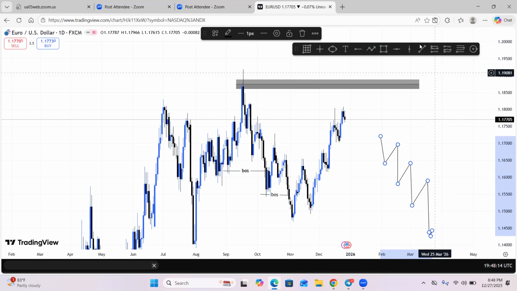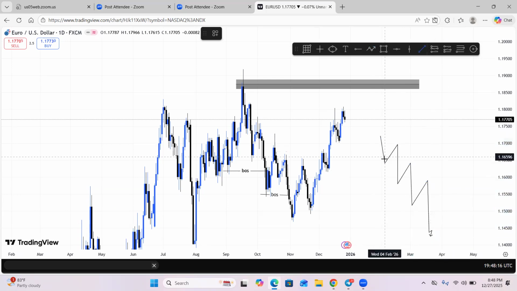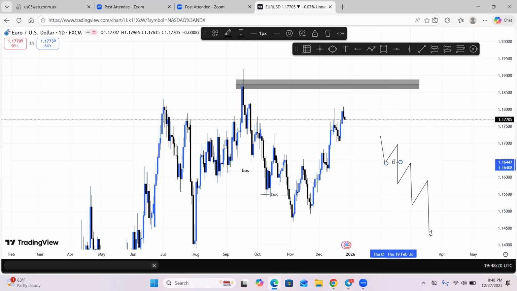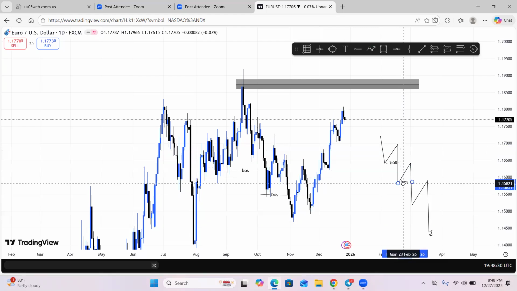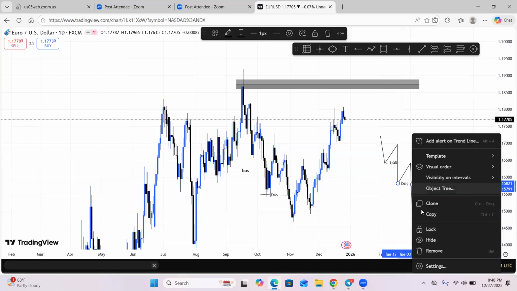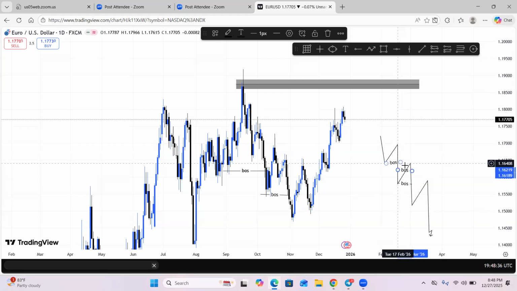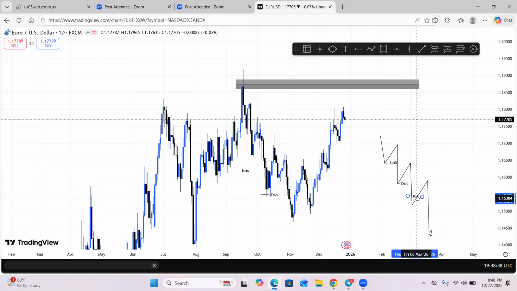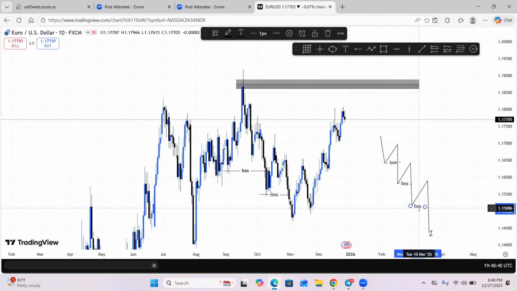It is breaking structures to the downside, breaking structures to the downside.